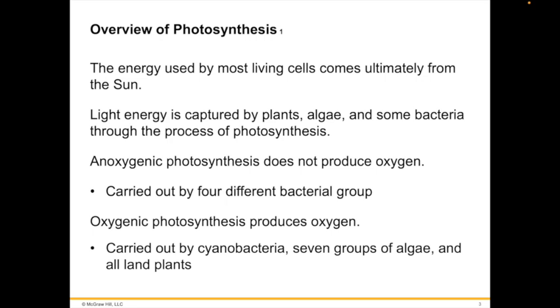Oxygenic photosynthesis is found in cyanobacteria, 7 groups of algae, and essentially all land plants. These 2 types of photosynthesis share similarities in the types of pigments they use to trap light energy, but they differ in their arrangement and the action of these pigments.